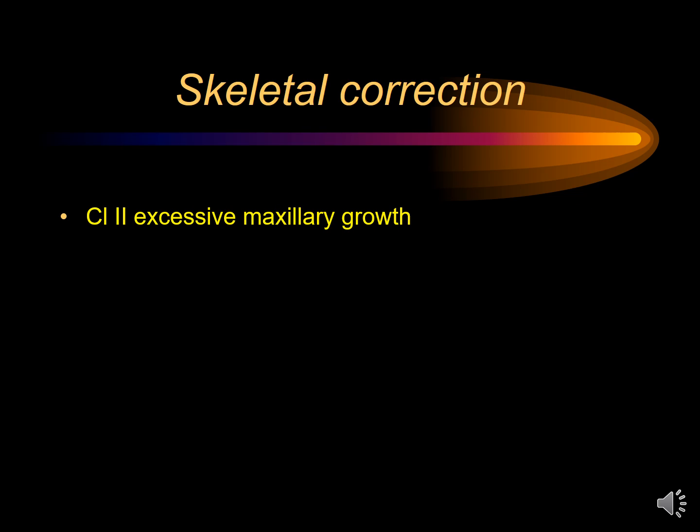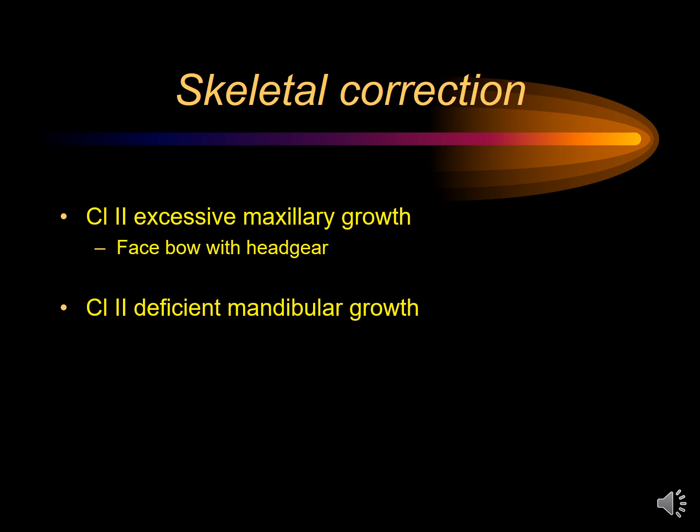In a class 2 relationship where there is excessive maxillary growth, a prognathic maxilla, we can use a face bow with headgear to restrain the excessive maxillary growth. In a class 2 where the mandibular growth is deficient, we can use myofunctional appliances such as twin blocks, Frankel 2, bionator.